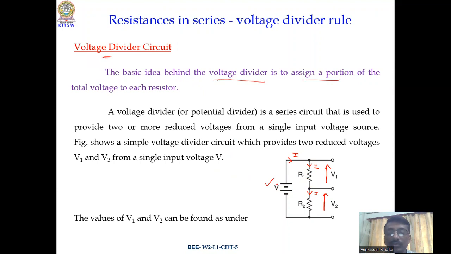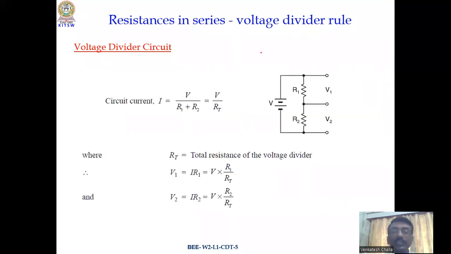Some portion of this voltage is allotted to R1, some portion of V is appearing across R2. So what are those voltages? What is V1? What is V2? In terms of V, R1 and R2. If I know the R1, R2 values and the V value, I can find out V1 and I can find out V2.